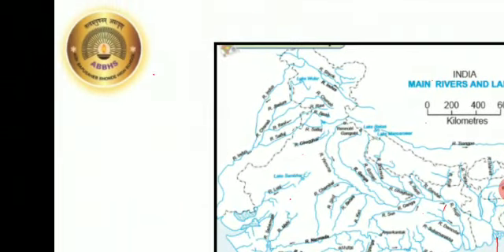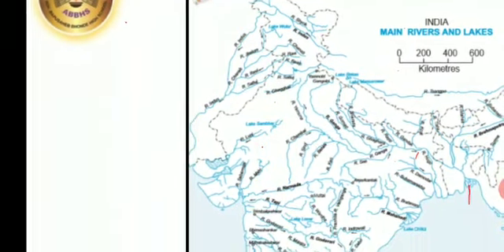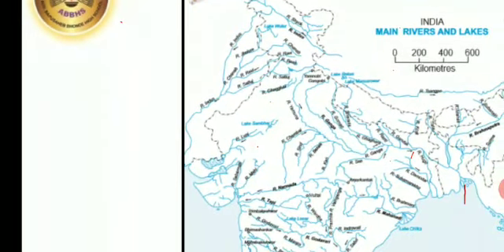Now let us visit river Sindhu or Indus. This river does not flow much through India. This is a westward flowing river. It originates in the Tibetan plateau near Lake Mansarovar.